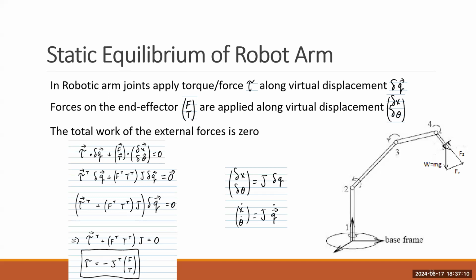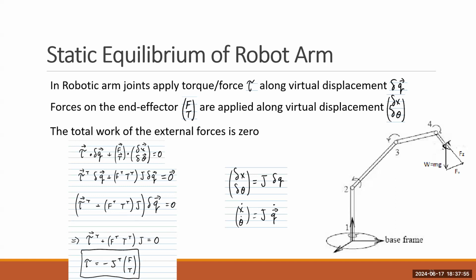But this must be true for every delta Q. And therefore, what is inside the parentheses must also be 0. And therefore, we get tau transpose plus F, T transpose times J equals 0.